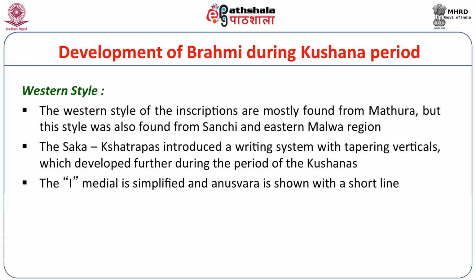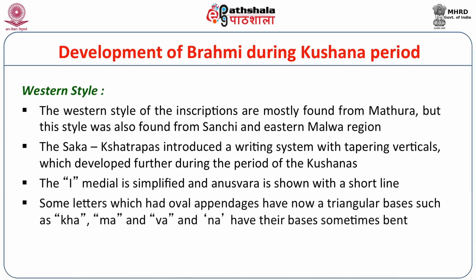Instead of the three dots which you have seen in the earlier Mauryan phase, there is a slight departure from the earlier method of marking. Some letters which had vowel appendages now have a triangular base, such as Kha, Ma, Va, which you have seen above. Earlier letters had circle or cursive appendages, which become angularized in the case of Kha, Ma, Va, and Na.